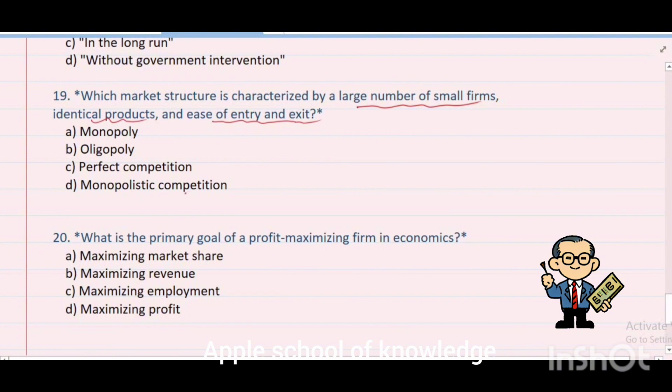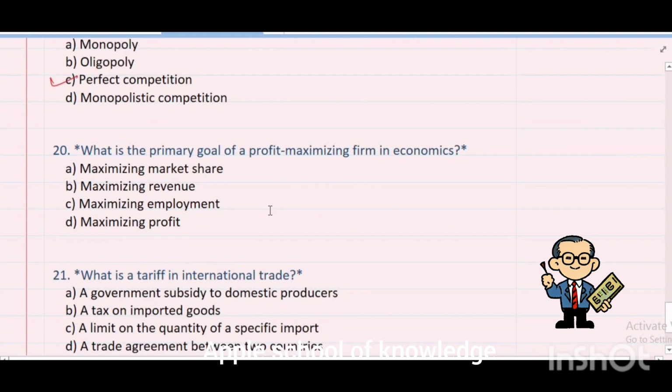Here perfect competition is the correct one. Perfect competition involves a large number of firms producing identical products, and there is ease of entry and exit. Now let's move on.